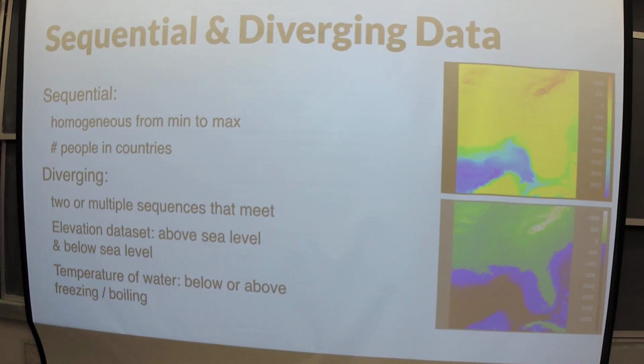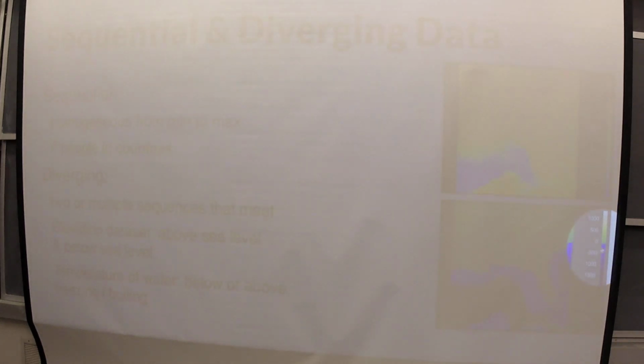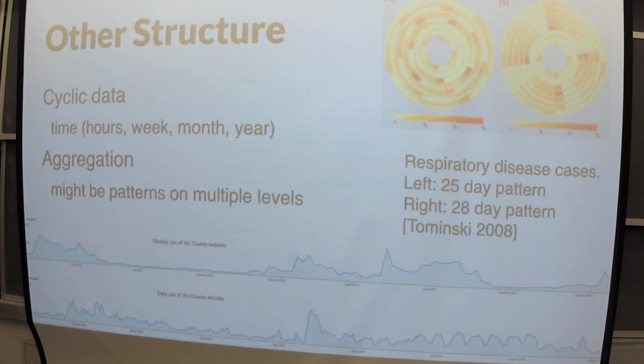The top one here uses a non-diverging color scale to visualize an elevation data set, right? So this clearly is not a good choice. If I set this properly to 0, where it's meaningful, and I have a diverging color scale, then I can clearly see the familiar land shape. So it's a quite obvious example of why choosing the right color scale matters for something like this.